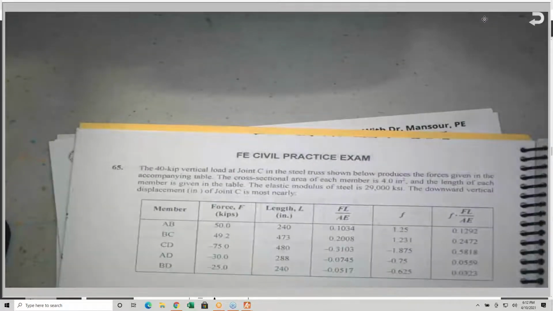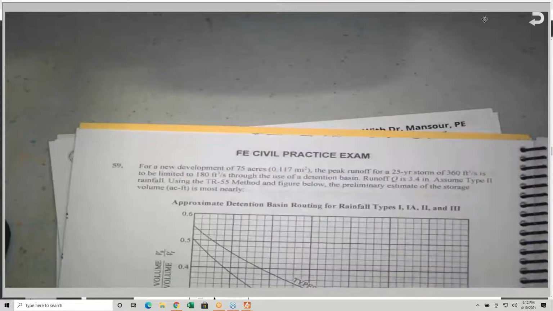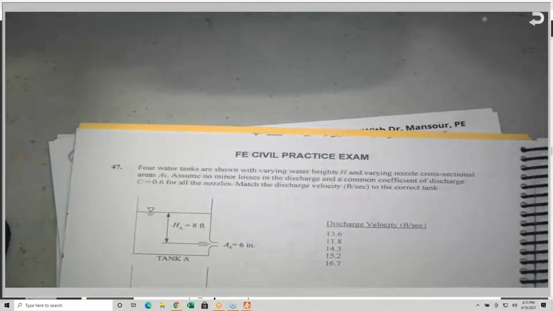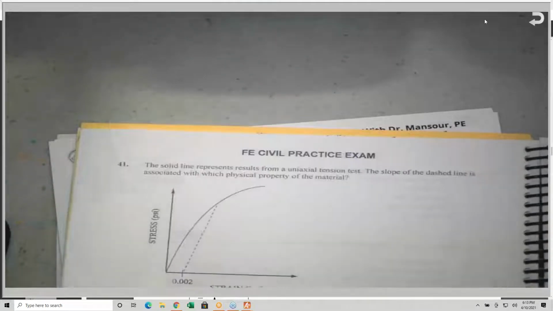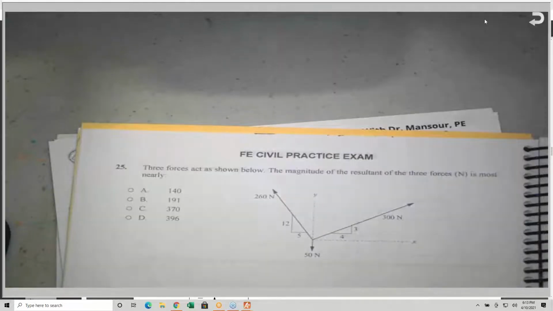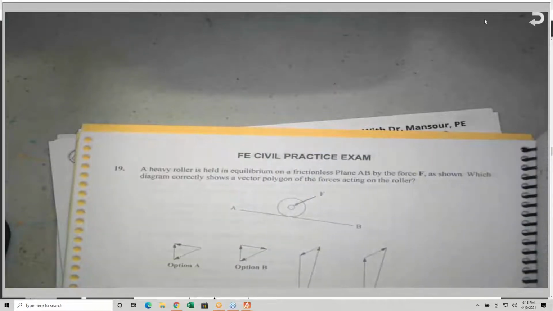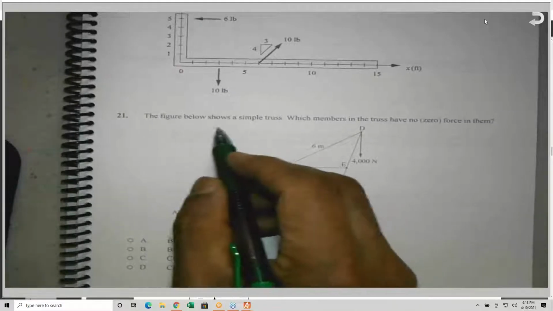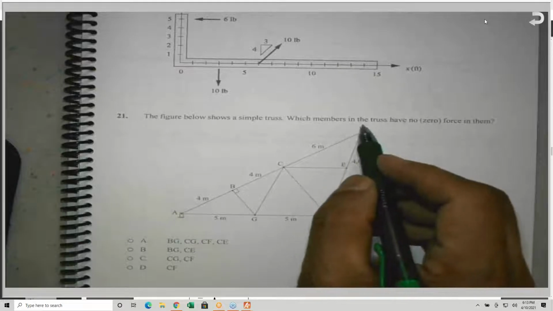Yeah, here it is. I found it. Problem number 21. I gave you a truss and it is asking which members in the truss have zero force.